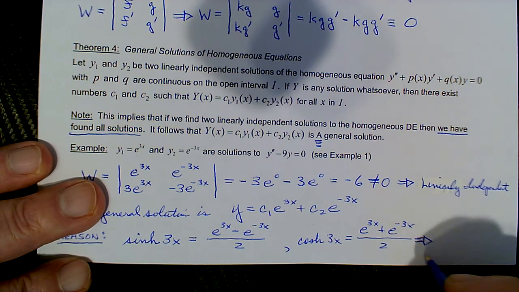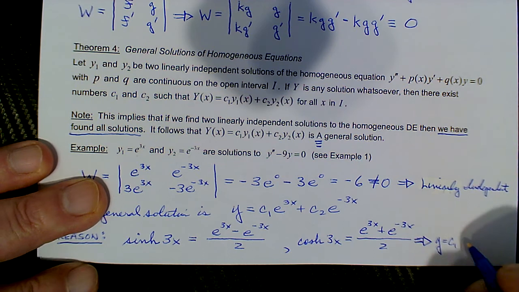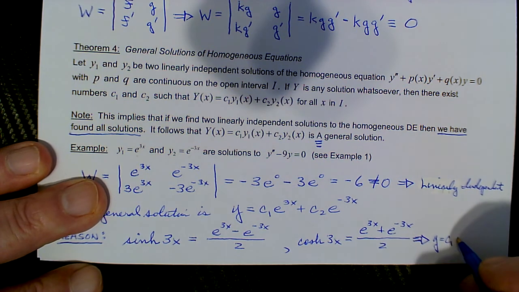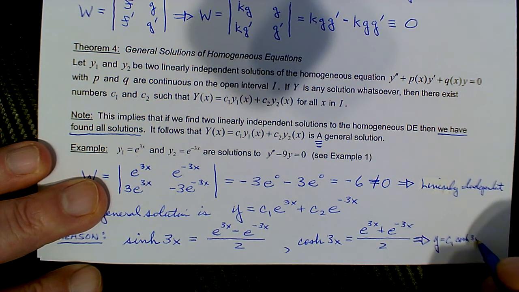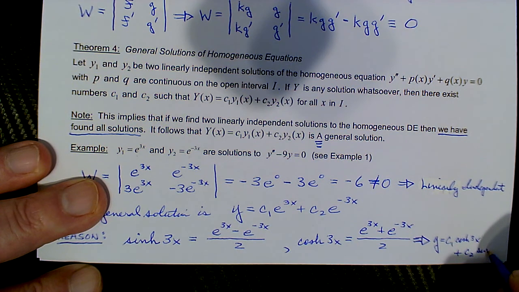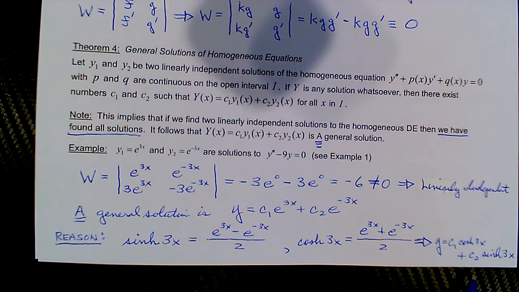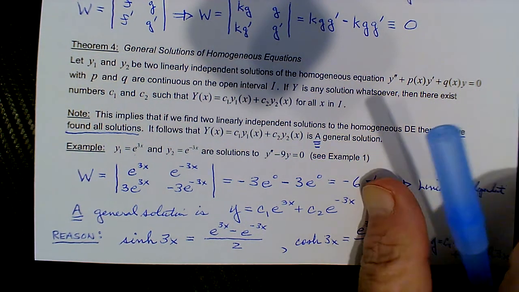So you could also say that y equals c1 hyperbolic cosine of 3x plus c2 hyperbolic sine of 3x is also a general solution. So that's kind of a subtle point, nothing to really worry about.